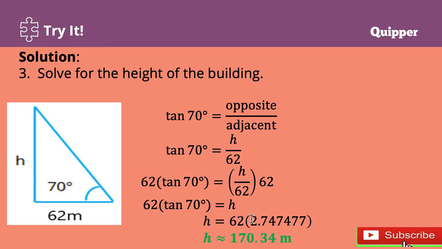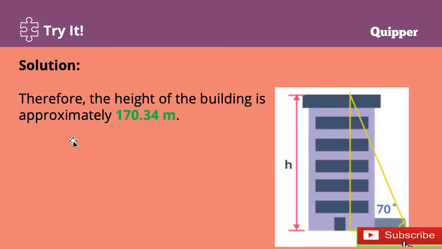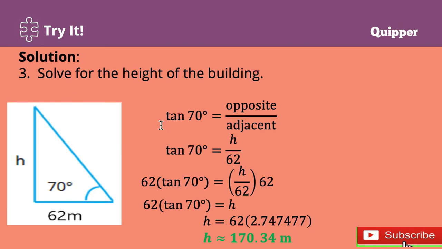Now 62 times this is approximately 170.34. So our h, or the height of the building, is approximately 170.34 meters. We use the word approximately since we rounded off to the nearest hundreds.